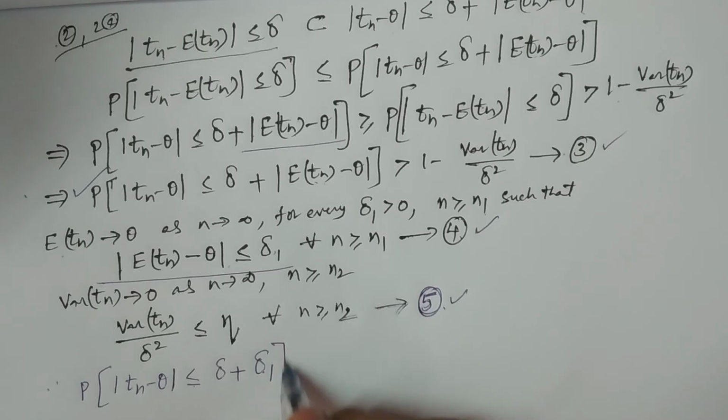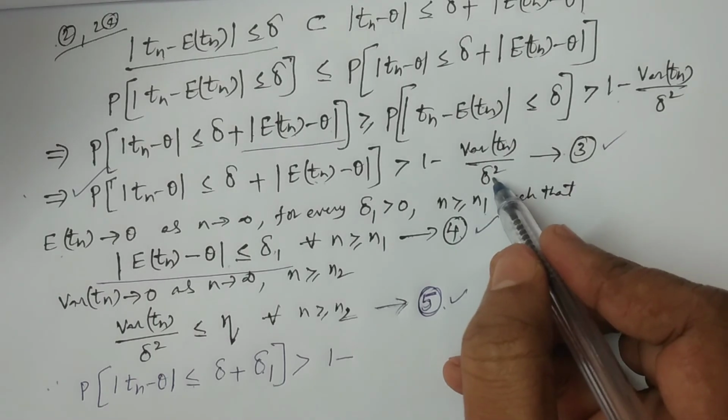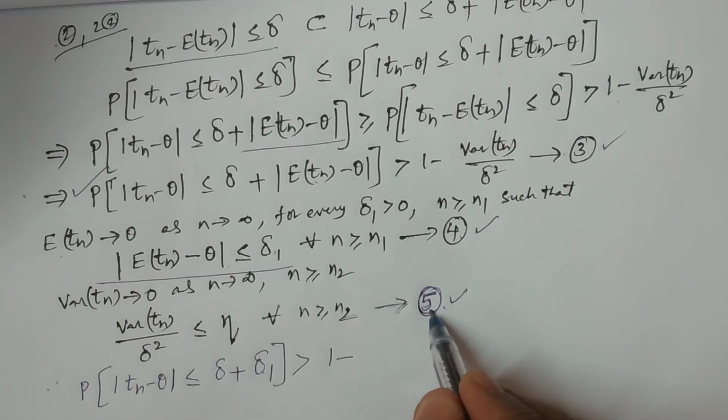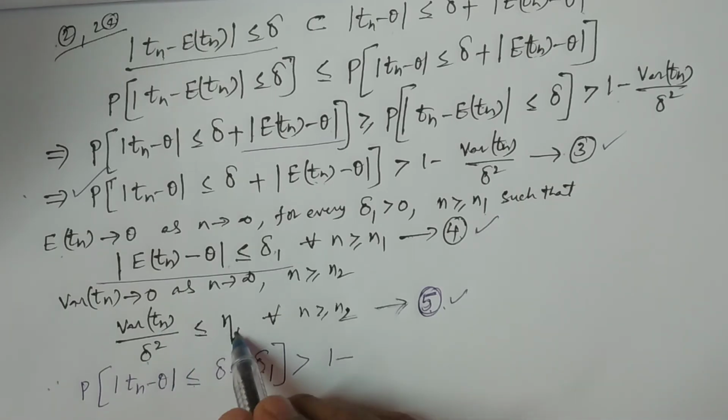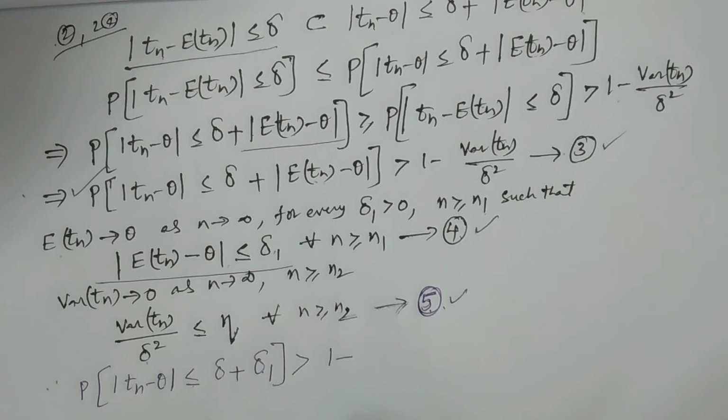Close this, and it is greater than 1 minus the variance of Tn divided by delta square. You see result 5: the variance of Tn divided by delta square is less than or equal to eta, a small positive quantity.